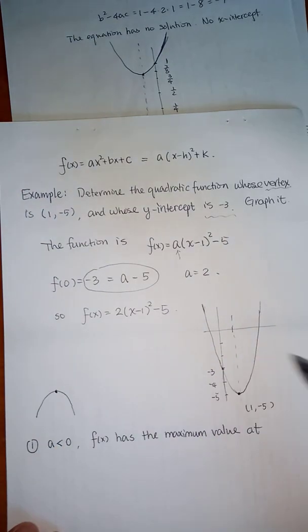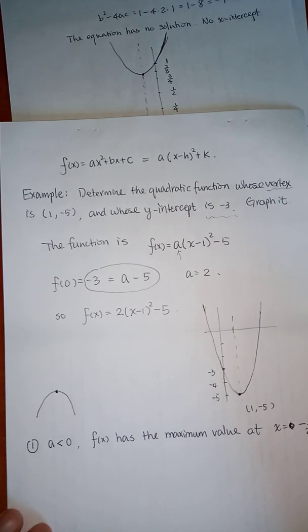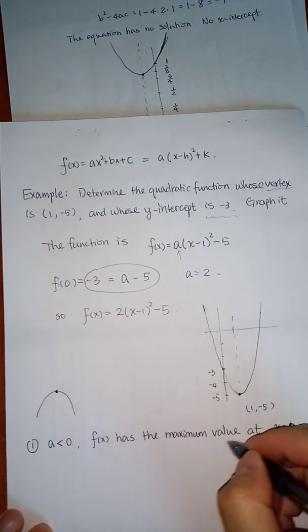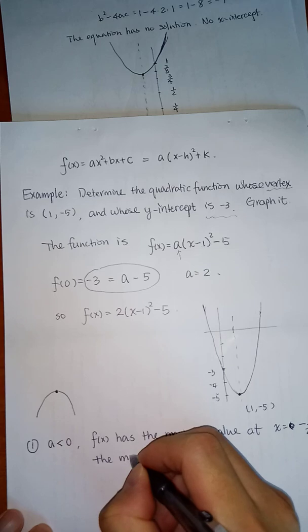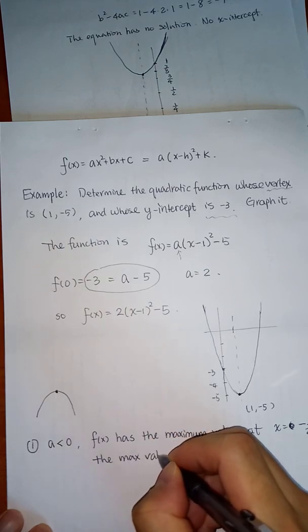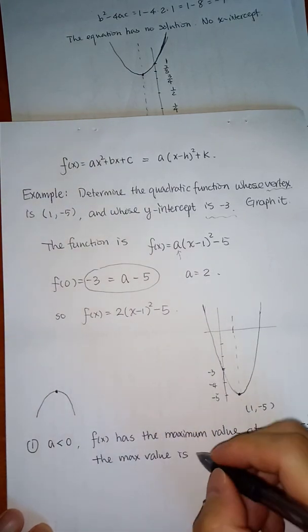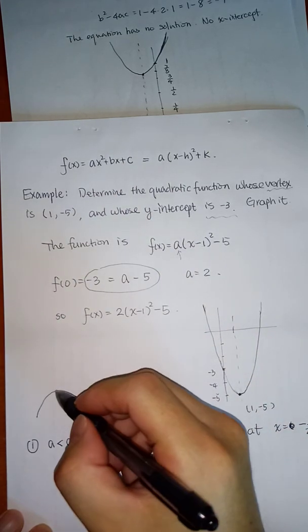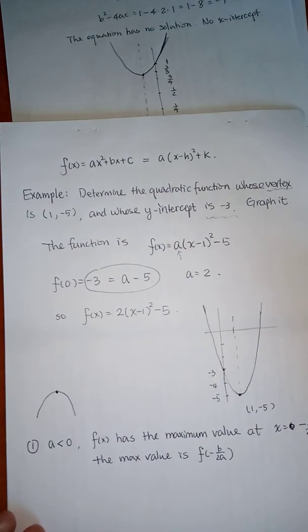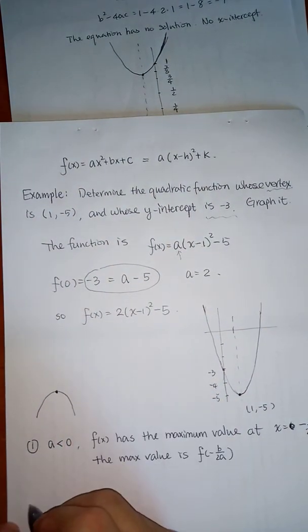At the vertex. f will have the maximum value at the vertex. The maximum value is f of negative b over 2a. It's just the y-coordinate of the vertex. It's the maximum.